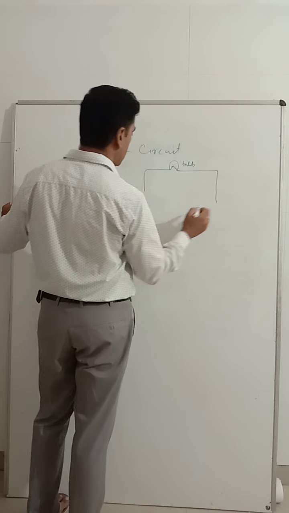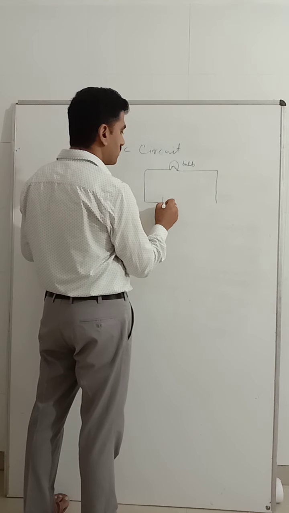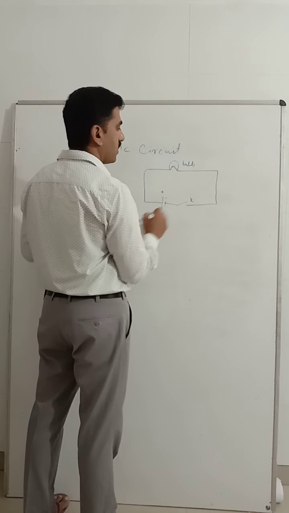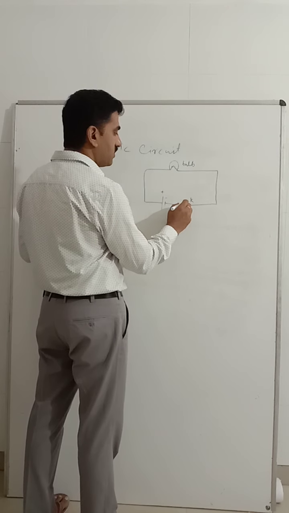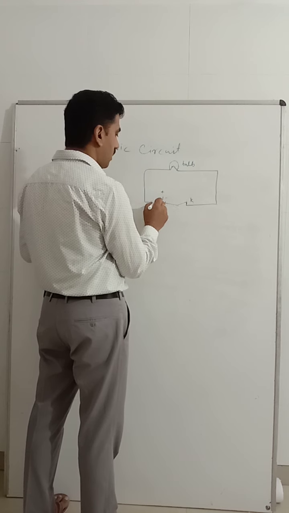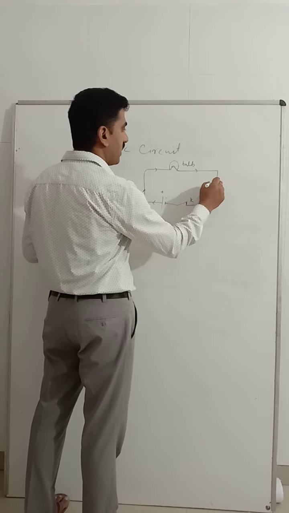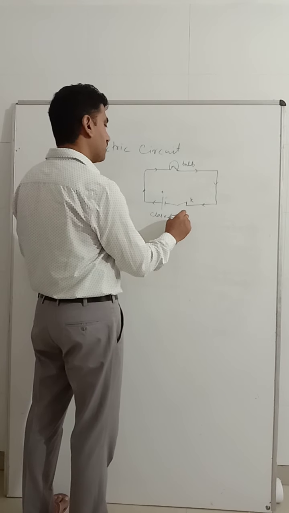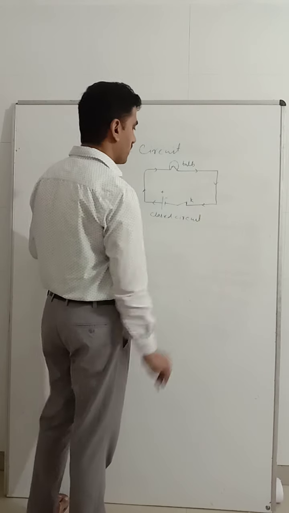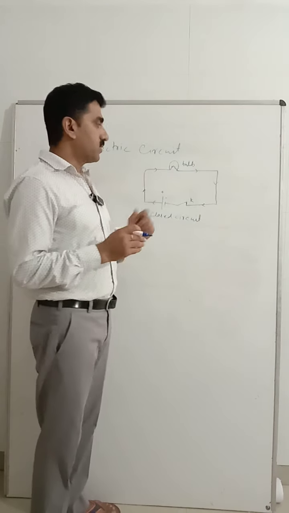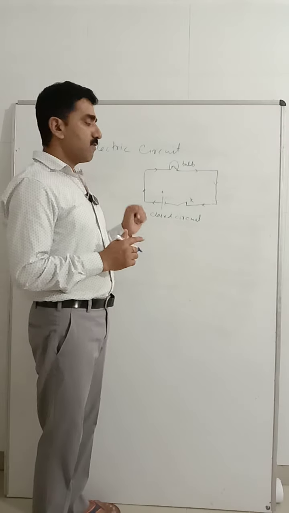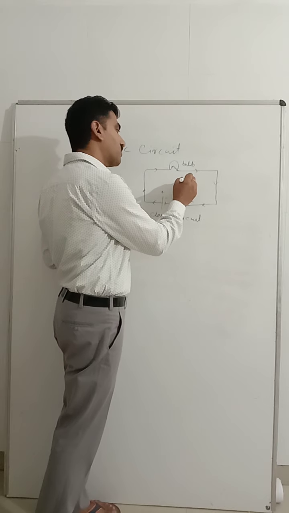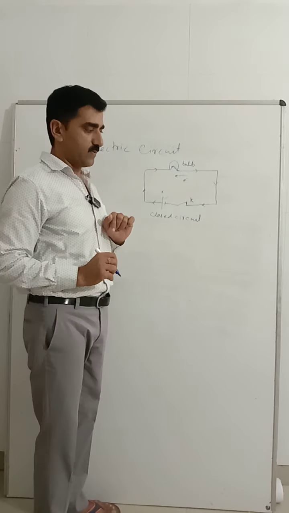This is the symbol of a cell, and this is the symbol of your switch. When you switch this on, the current will start flowing from positive to negative. Then it is said to be a closed circuit. So the bulb will glow. The current will flow from positive to negative; we call it conventional current. Electron flow, the electronic current, is from negative to positive.